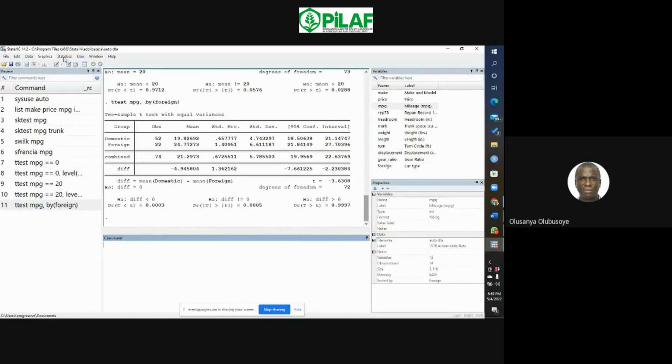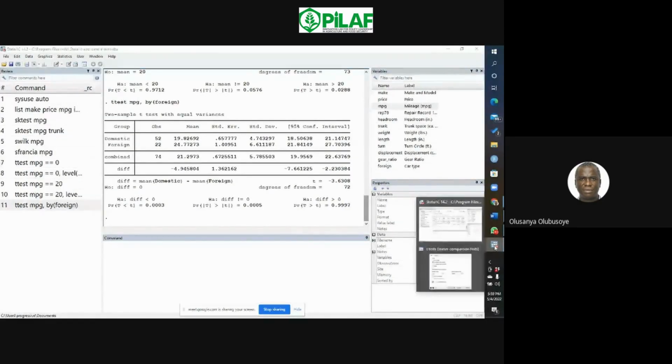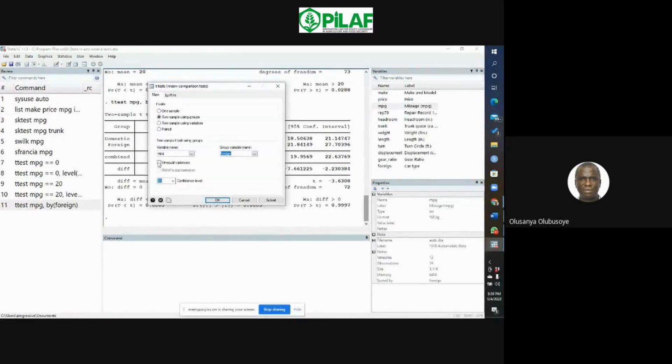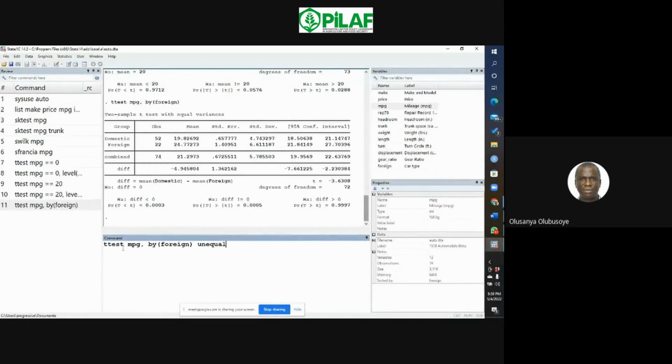So if you go to Statistics, I hope I have it. If you go to the window, you can simply check this particular option on unequal variances. You can check it, and if you click, you can copy the command here.